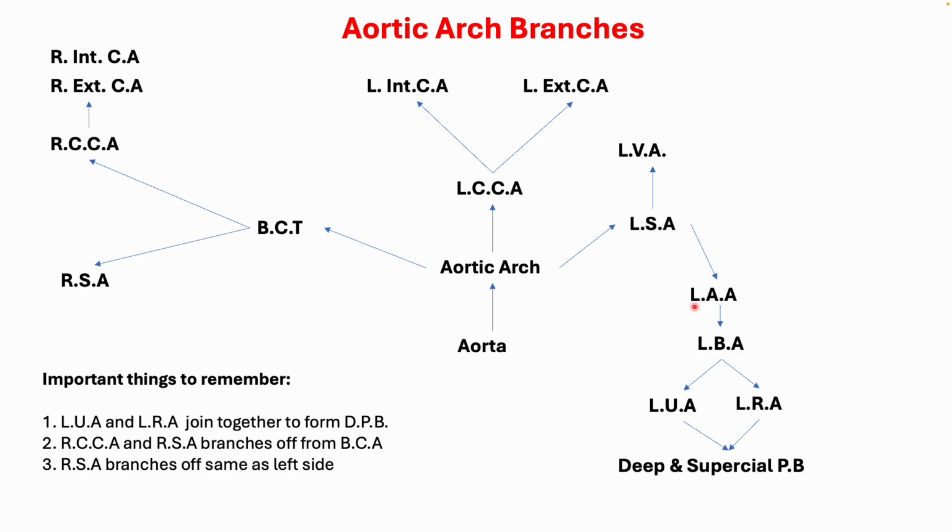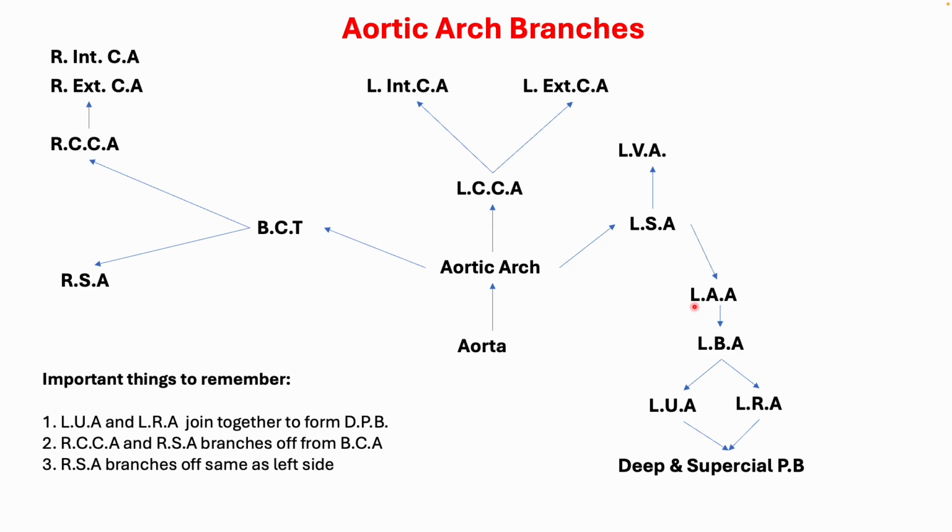One towards the medial side is called the ulnar, where your ulnar bone is located. And we have the radial towards the lateral side of your body, which supplies the tissue surrounding the radial bone. And at the wrist, these two arteries will fuse together to form deep and superficial palmar branches.